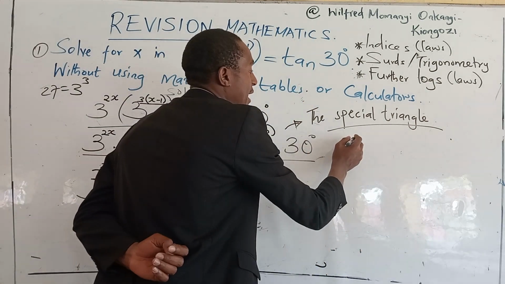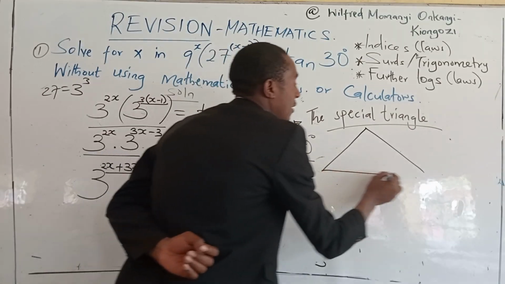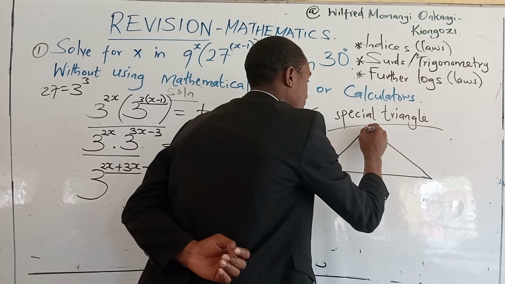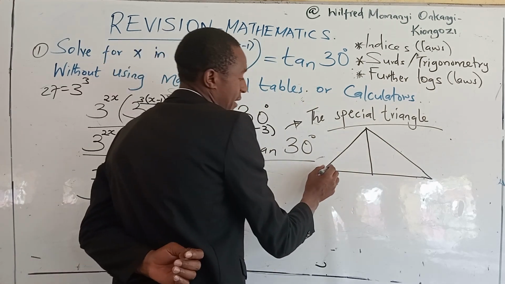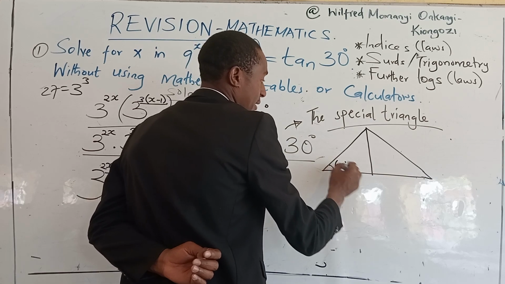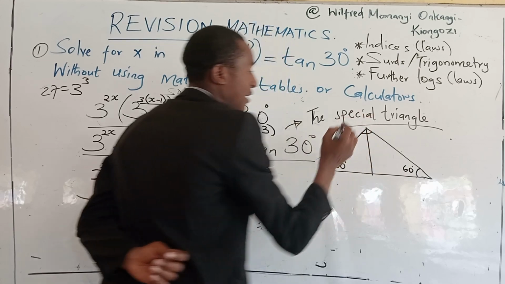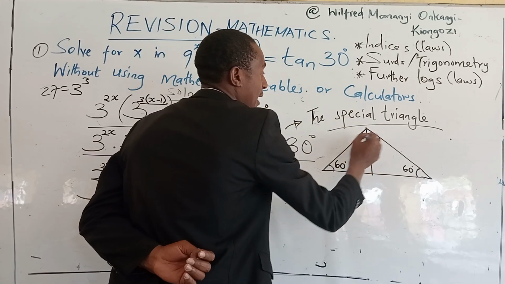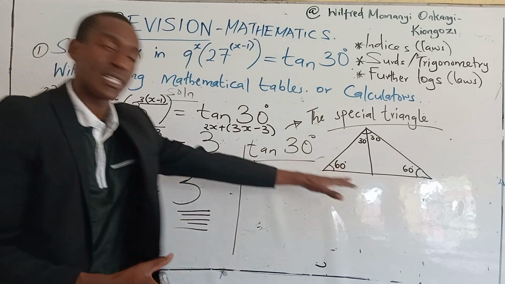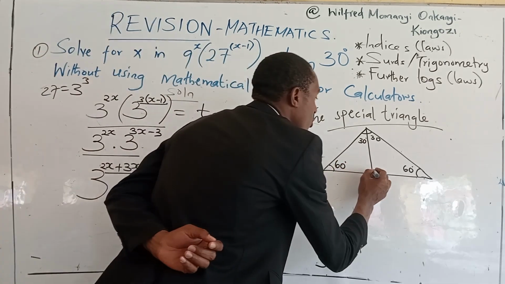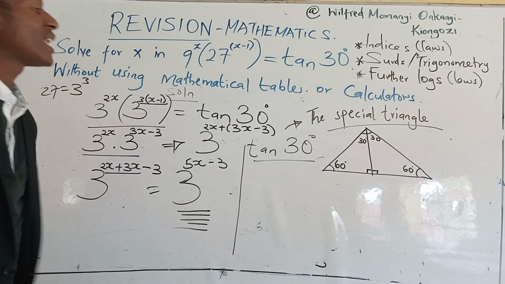The first one, and the only one that I want us to use, is the equilateral triangle. This one is an equilateral triangle, and this angle is 60 degrees. This one is also 60 degrees. Now the whole of it is 60, so this one is 30, and this is 30.